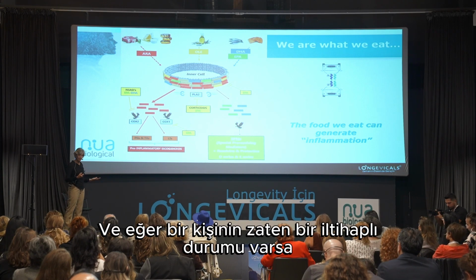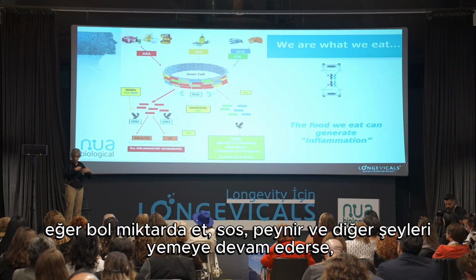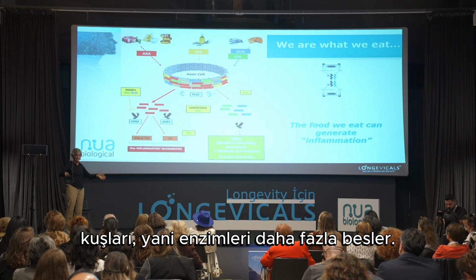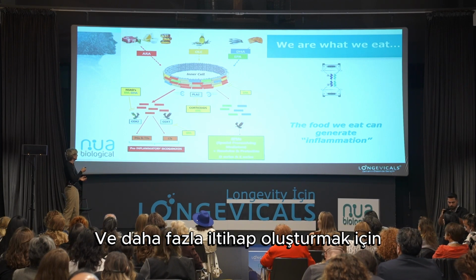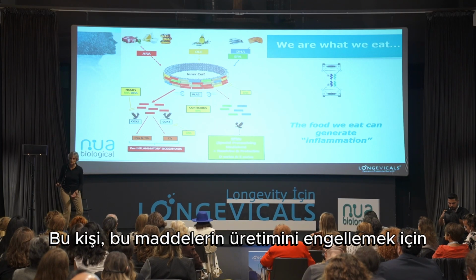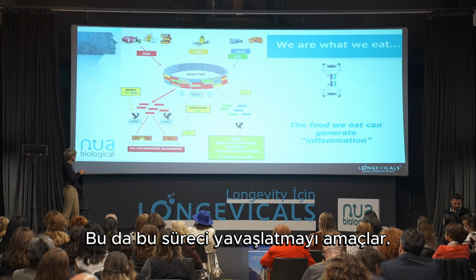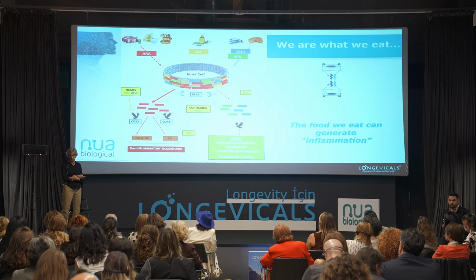And if we have a person that already has an inflammatory condition, for whichever reason, if he keeps eating plenty of meat and sauces and cheese and everything, he's feeding the birds with more and more substrate to produce inflammation. So that person is going to need loads of anti-inflammatory drugs to block these substances.